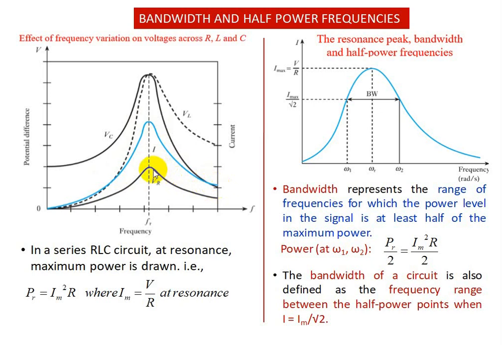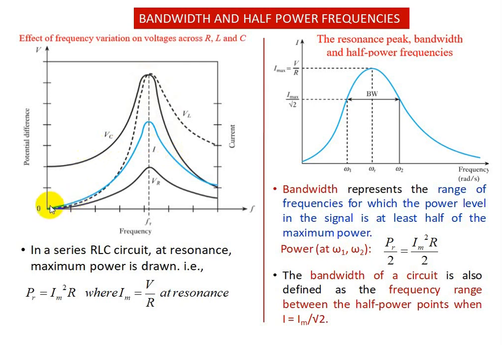The voltage across resistance, since it is nothing but I into R, follows this curve, so the shape of the curve is similar to the current. The voltage across resistance increases, becomes maximum at this point, and again decreases. Coming to the capacitance, I told you that initially the reactance will be high, so there will be some voltage at low frequencies. Further, the voltage increases and reaches a maximum value, and if the frequency increases beyond f4, it decreases again.